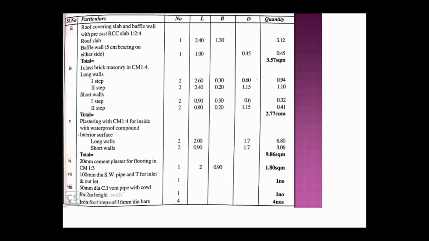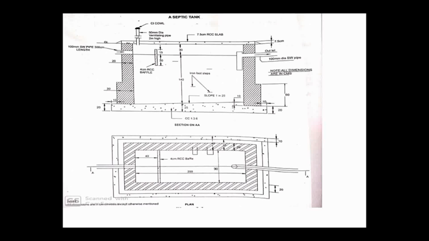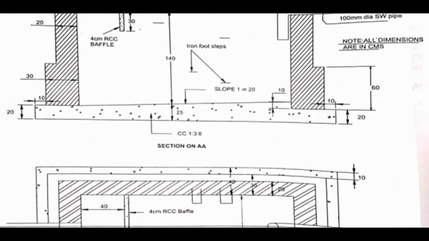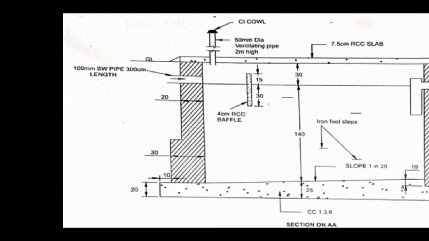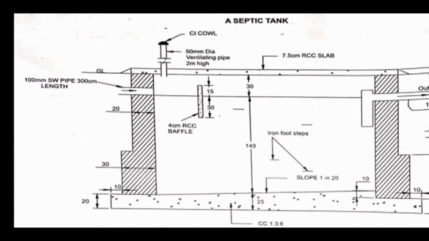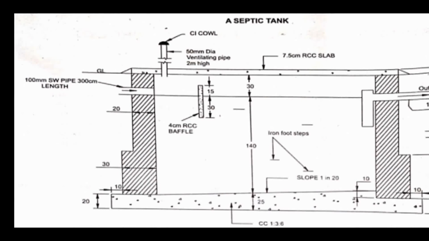And again, 50 dia CI vent pipe with the cowl for 2 meter height, you can see they had given in this plan. One number of CI cowl they had given, and 50 dia ventilating pipe 2 meter height, that is one number they had given.